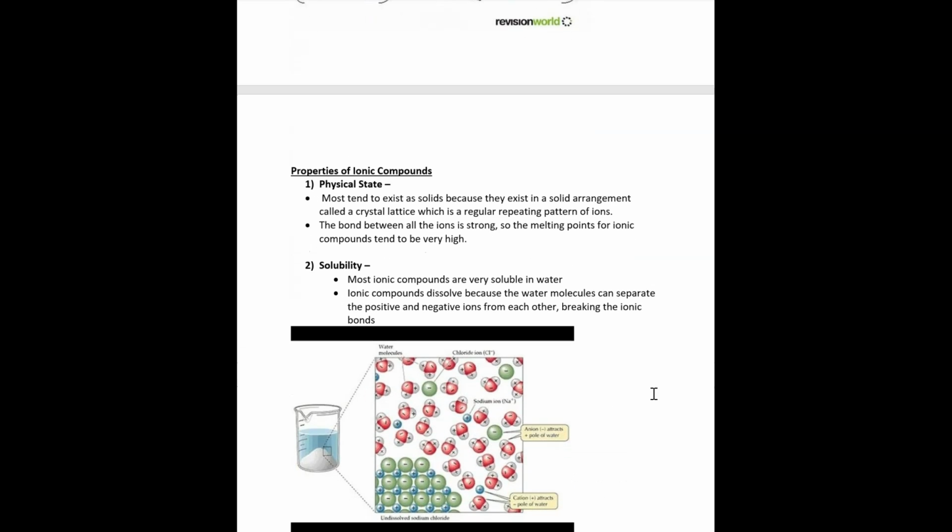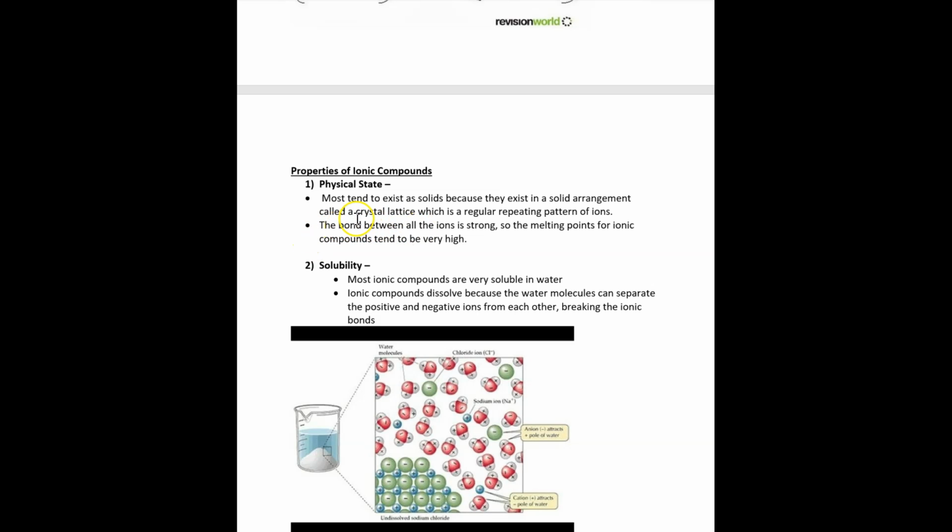In addition to the bond formation, I wanted to talk a little bit about the properties of ionic compounds. Physical state: mostly they exist as solids because of the arrangement that they exist in.